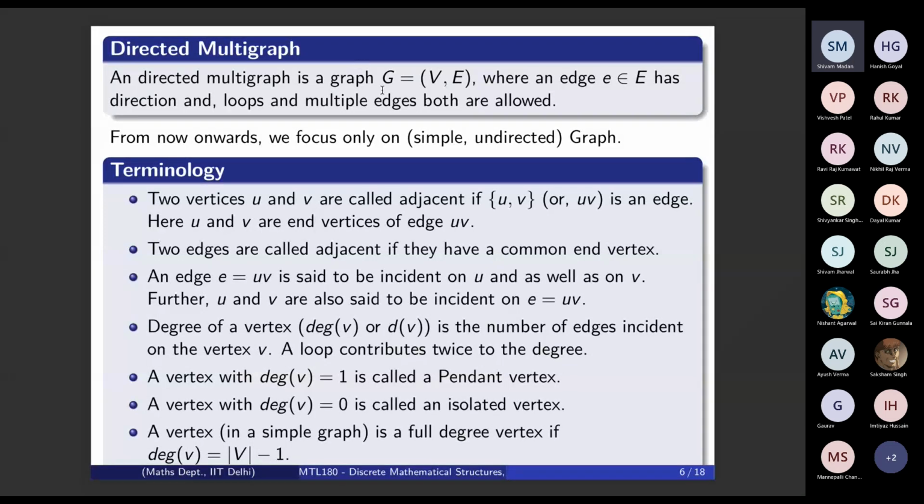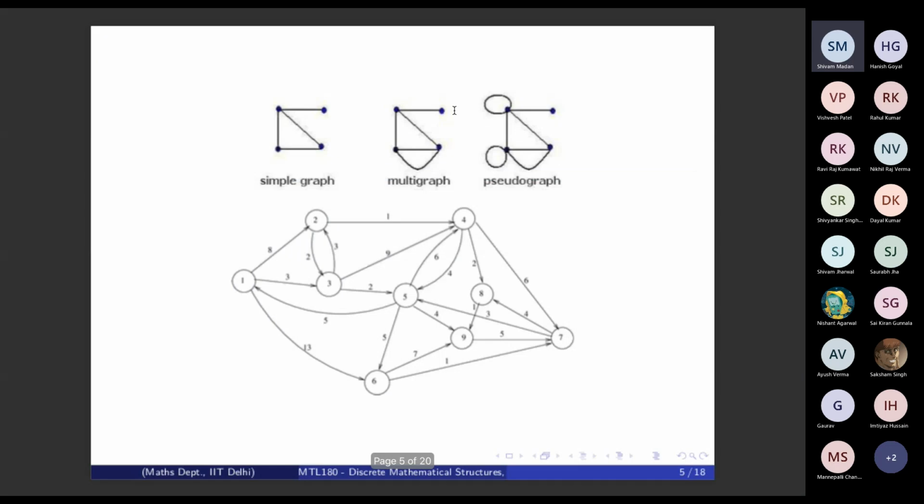A directed multigraph is a collection of vertices and a collection of edges where each edge has a direction, and here loops and multiple edges both are allowed. There is no concept of a directed pseudograph. So this is just a name. Okay, so this is called a directed multigraph where loops and multiple edges both are allowed and it has a direction as well. For example, this is a directed multigraph.